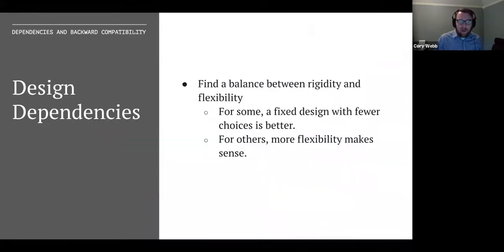When considering how to implement a particular design, you also have to find a balance between rigidity and flexibility, depending on the project and the needs of the client. So for some clients, a fixed design with fewer choices is better because it forces adherence to a particular design or layout. For others, more flexibility makes sense because they need to be able to generate multiple layouts.